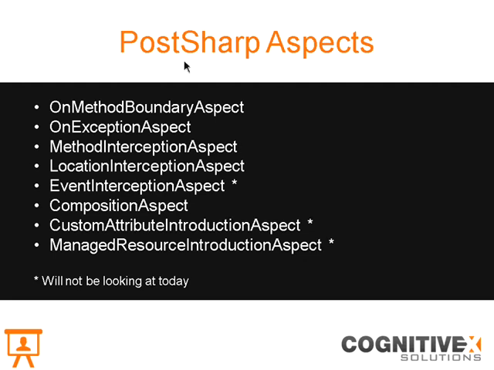We'll look at each one of them individually, and I'll give you a quick example. I'm just going to be using some console applications so that we can get a very simple code base and quick feedback so you can see what's actually happening. I'm going to quickly describe these aspects, and then we're going to take a look at most of them. As you can see, there are two or three here that we're not going to get into today because, frankly, I've never used them.